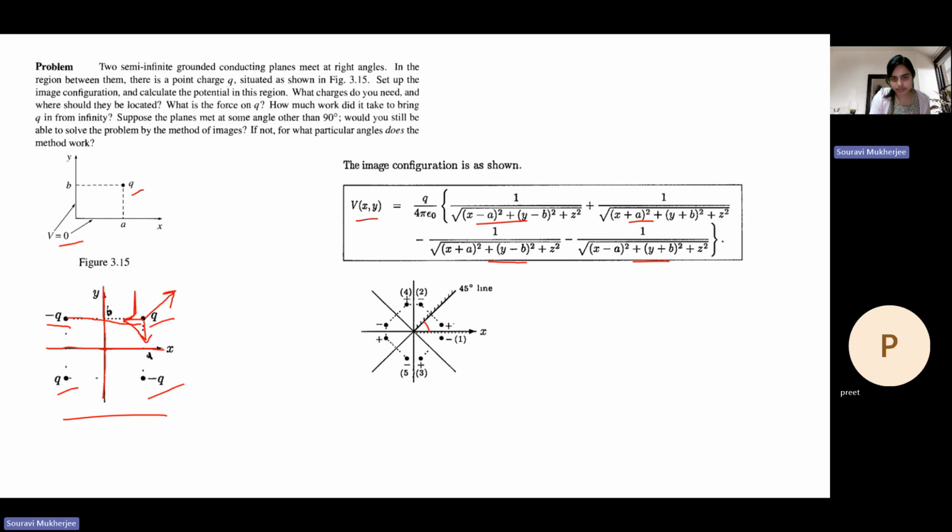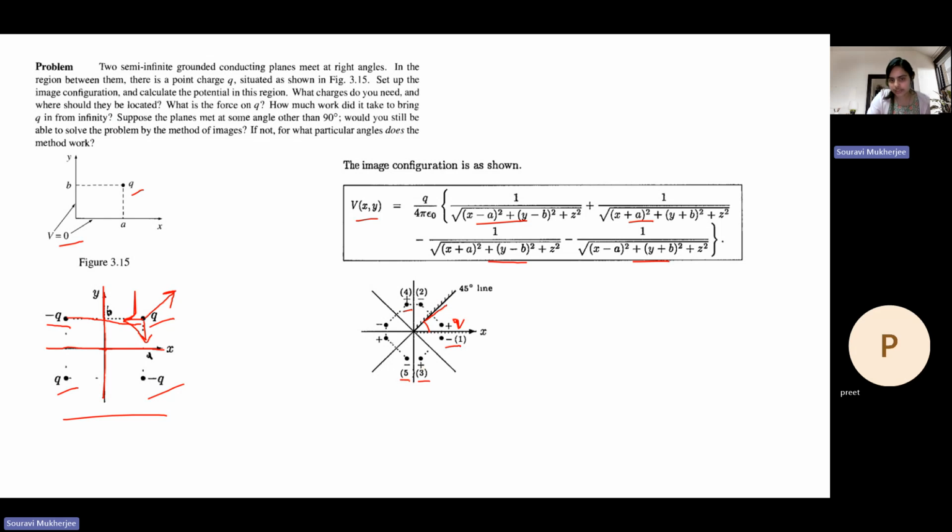So we have a plus charge. Suppose this is the charge to start with. To balance this, you put a minus here. Again, similarly, to balance it along this plane, you have a minus here, which is 2. To balance the effect of 2, you put in a 4 here. To balance the effect of 1, you also have an effect of 3 here. Again, to balance the effect of 3, you bring in a 5.